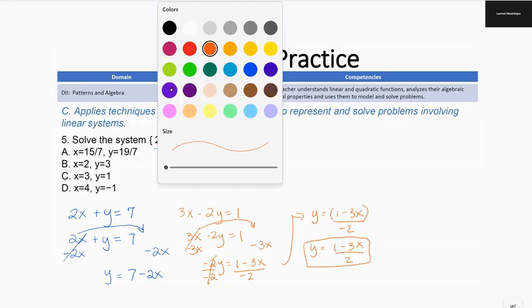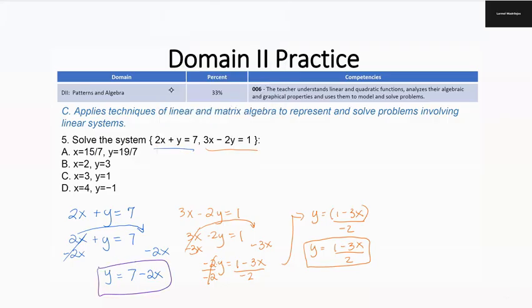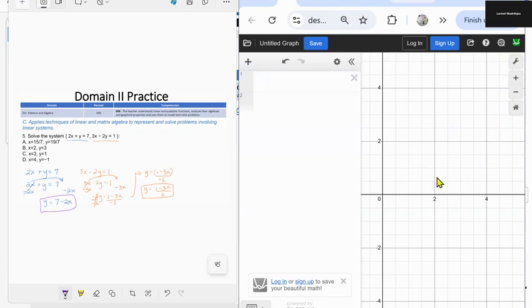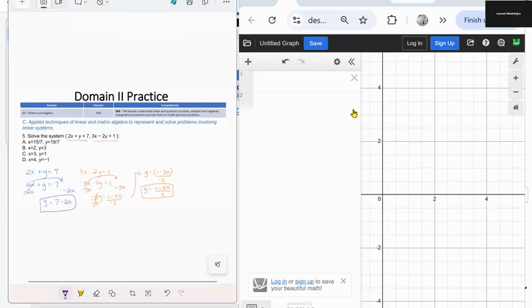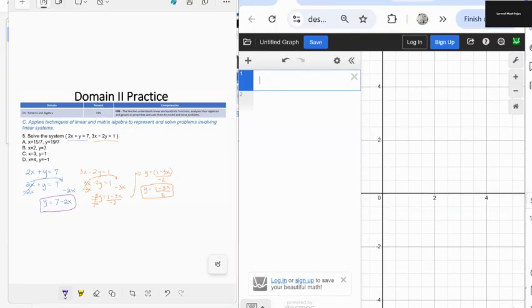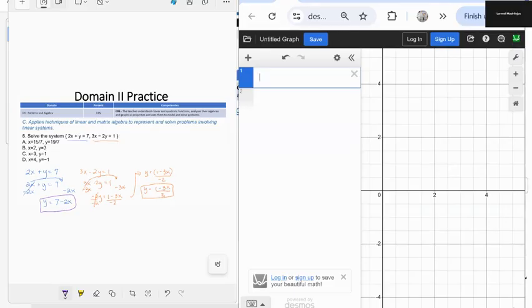Now, on the graphing calculator, this is what you're going to do. On the graphing calculator, you're going to use the Desmos. So I'm going to type first this equation, y equals, make it smaller, y equals 7 minus 2x.